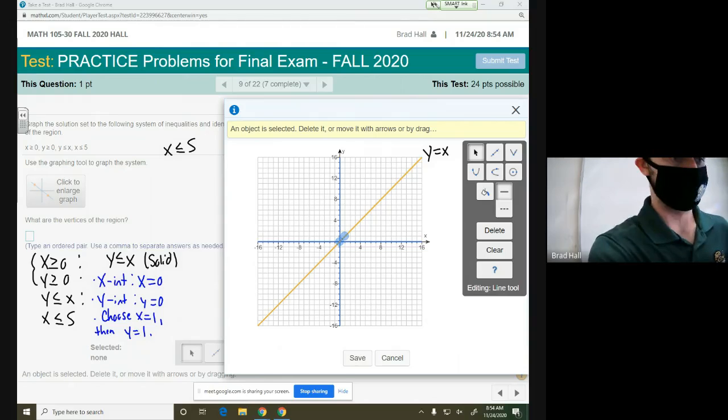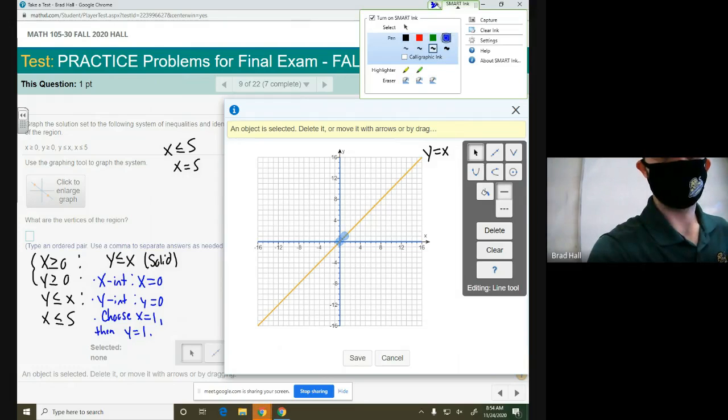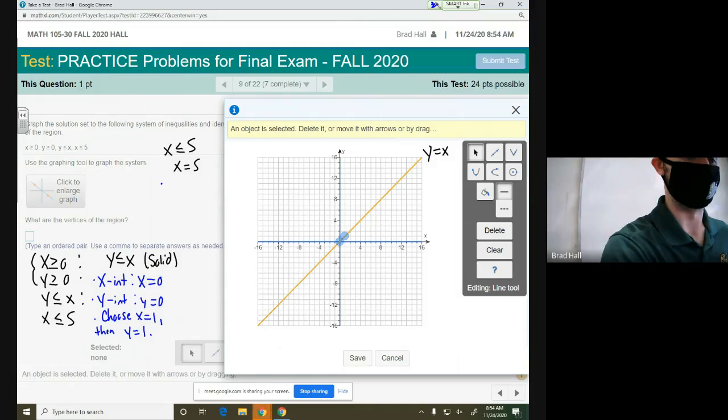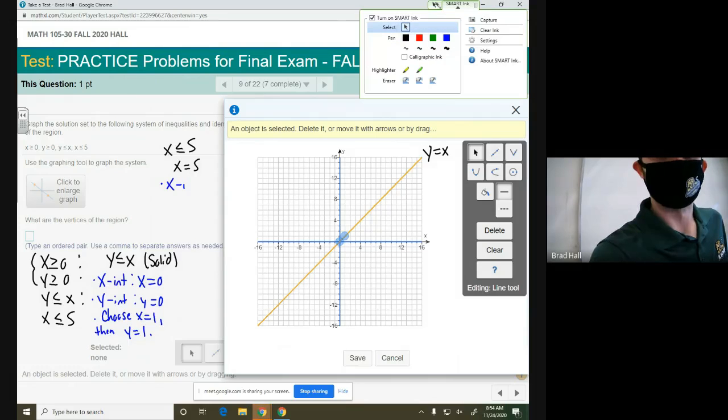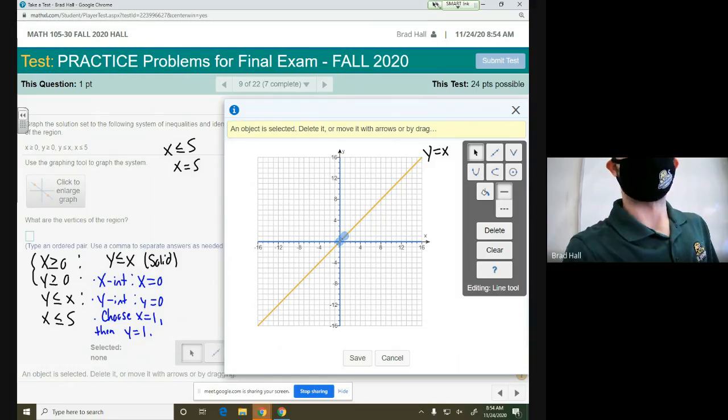Additionally, we have X is less than or equal to 5. So we're trying to graph X is equal to 5, which is actually, we don't even need to graph this one. We've already talked about this as a line.